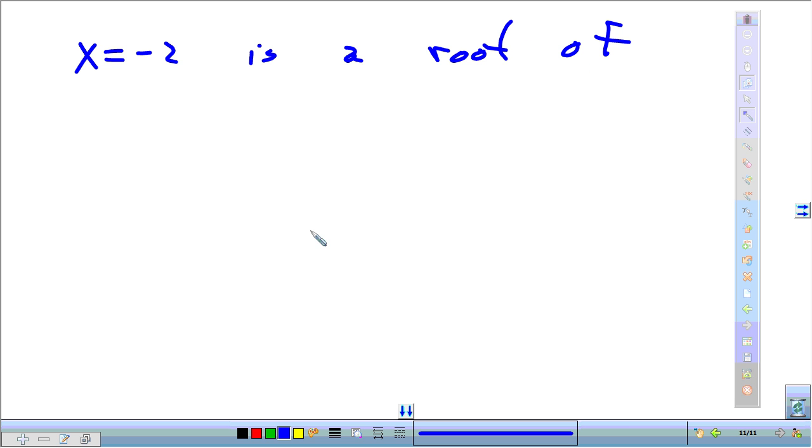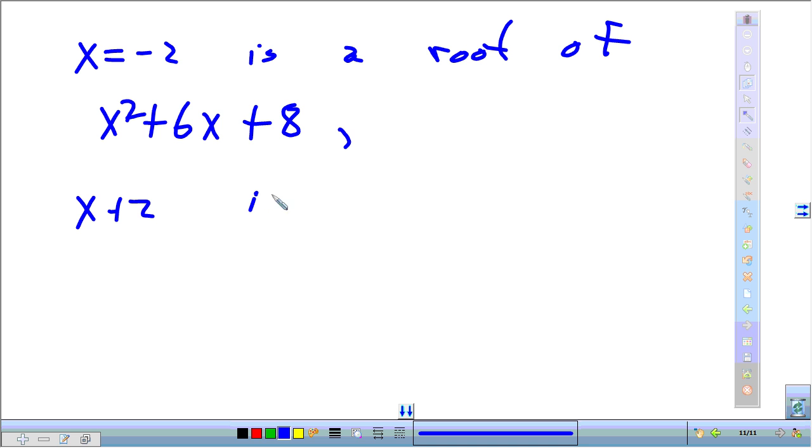But the same is true of what I found for the denominator. x squared plus 6x plus 8 also evaluated to 0. So I get the same consequence. x equal to minus 2 is a root. x plus 2 is a factor. So I'm going to divide it out again.